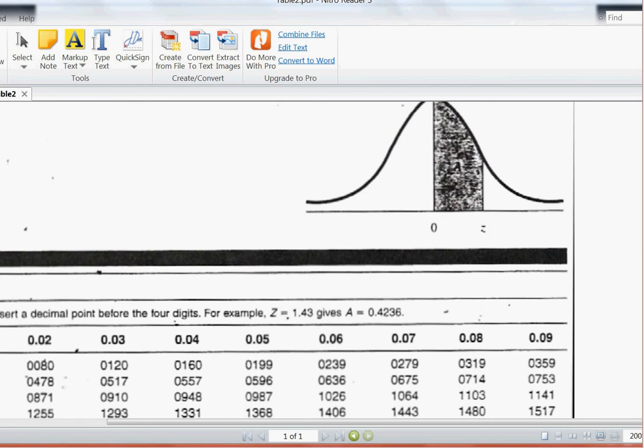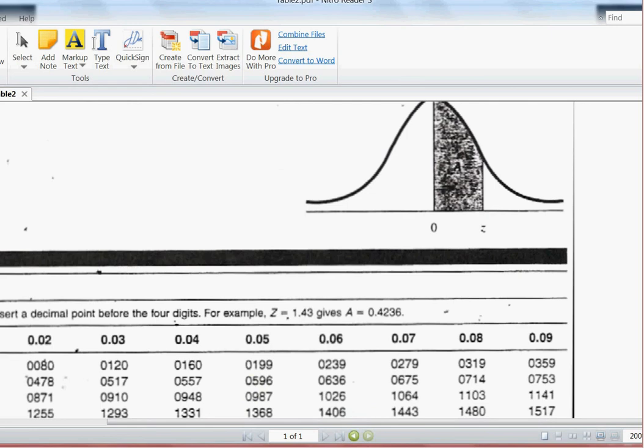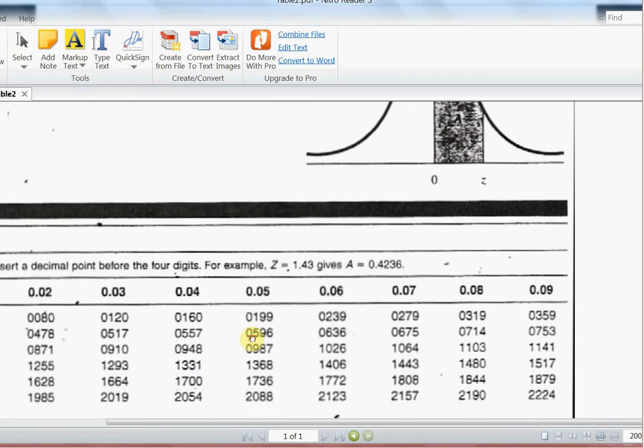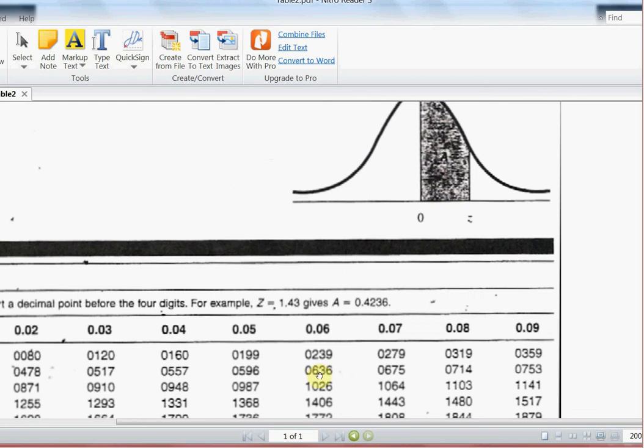But in this question, the 20% is a corner. You won't find any percentage number in this table that shows the size of a corner.